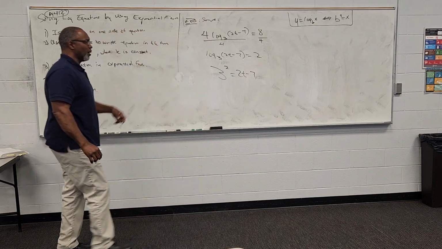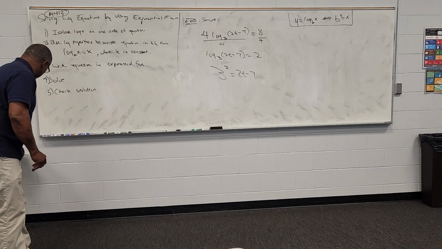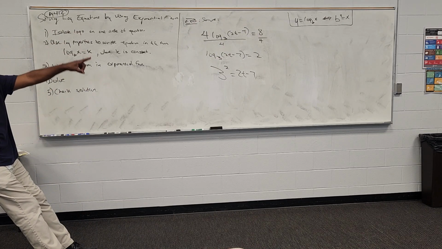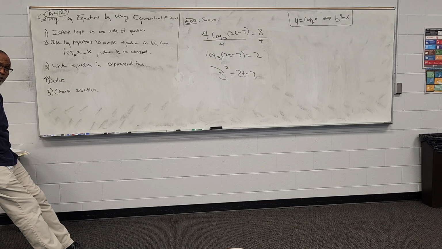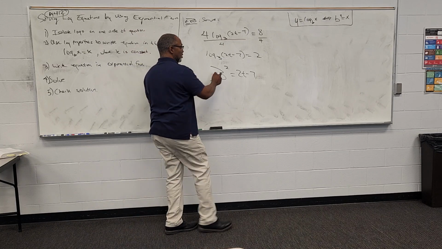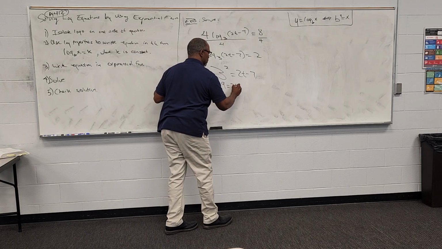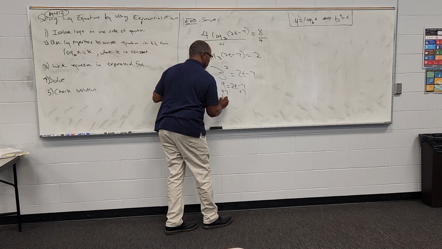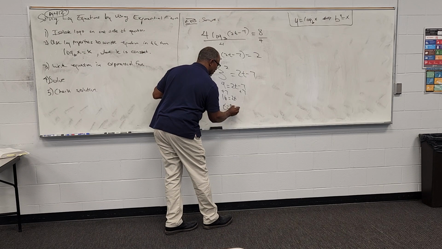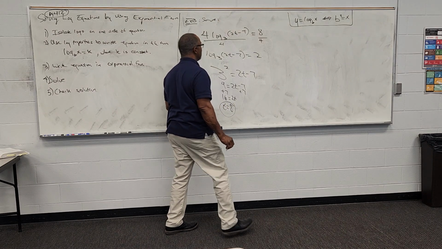If I convert from log to exponential form using that rule up there, which we have to know by now, that's what I get. Well, 3 squared, 3 to the second power, is just 9. Add 7 to both sides. Divide by 2, and I'm going to turn it around. T is 8.